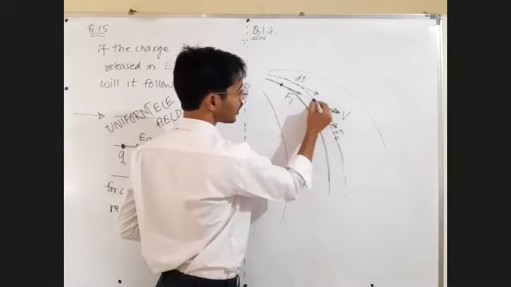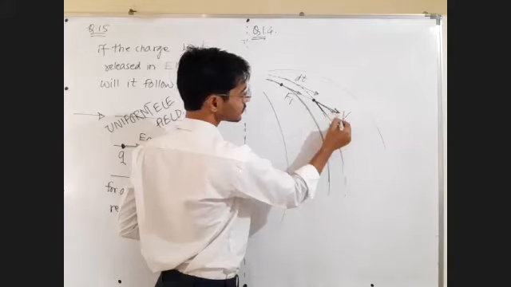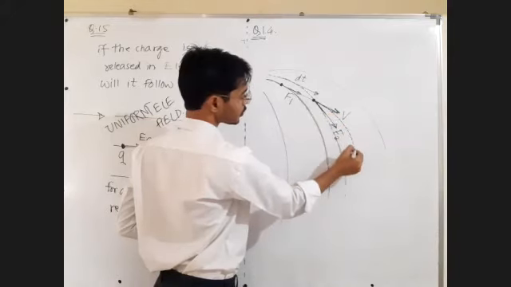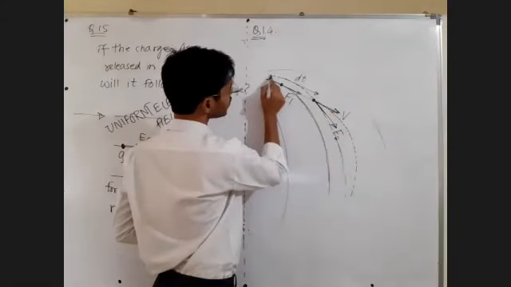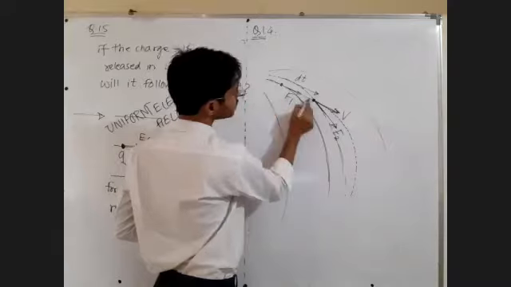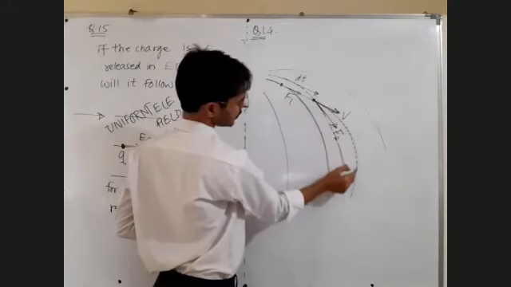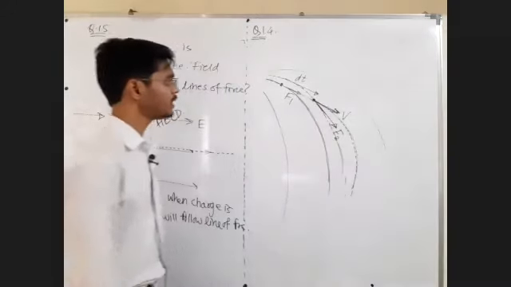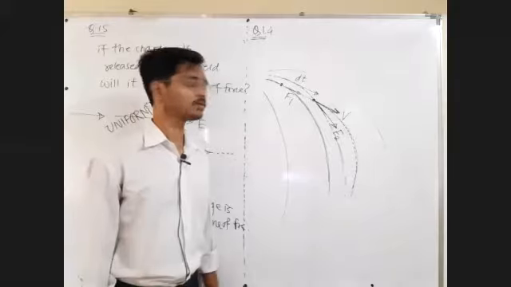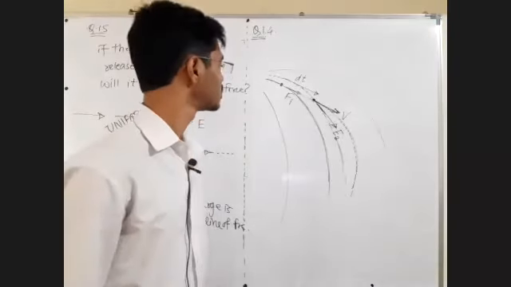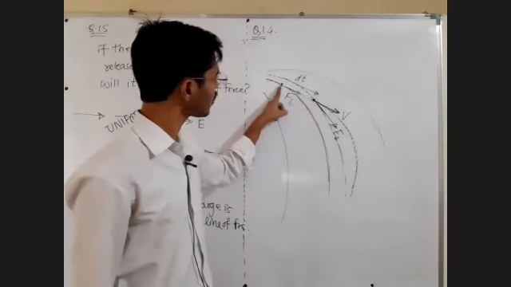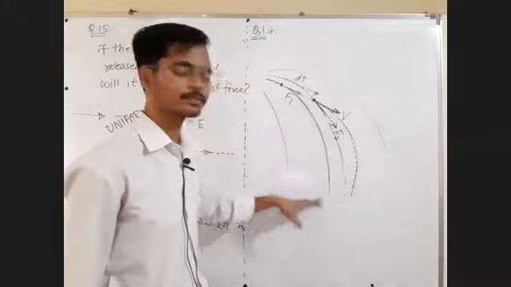So now the particle will change its path, and it might follow a path like this. Okay. So the particle started at this point and it followed some different path, cutting many of the electric field lines. So it didn't move on the same electric field line.